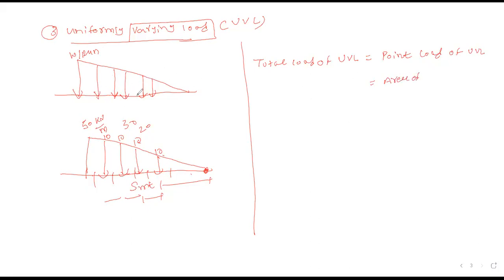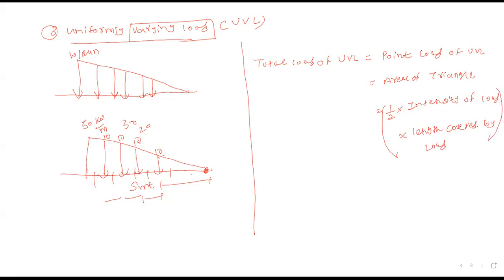We visualize such a load just like a triangle. Area of triangle is 1/2 into intensity of load multiplied by length covered by load. Yes or no?